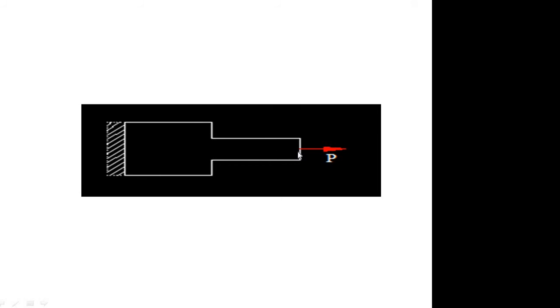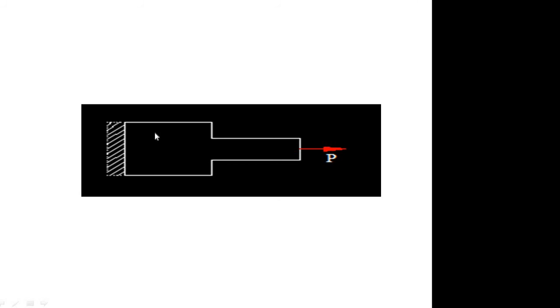So the same load P will be acting over this region, that is the region with higher area of cross section, as well as the region with the smaller area of cross section. So we can divide this problem into two problems, one with the region of smaller area and another with the region of bigger area of cross section.